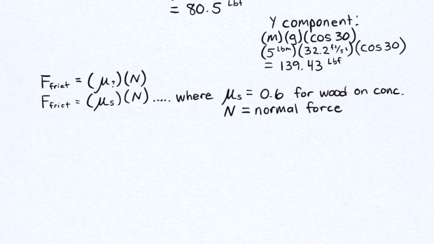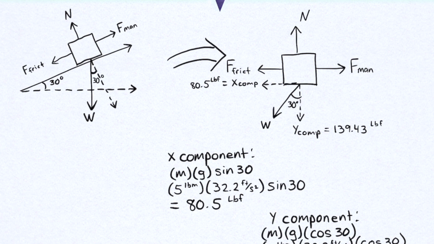What does that mean? Well, the normal force is the force that is equal and opposite to the force that is pushing down on the surface. So this is the force due to gravity, and this is the y component. The reason we need the y component to figure out the normal force is that the y component is equal and opposite to the normal force.